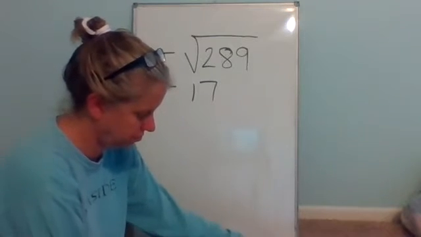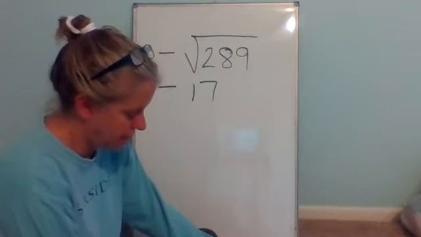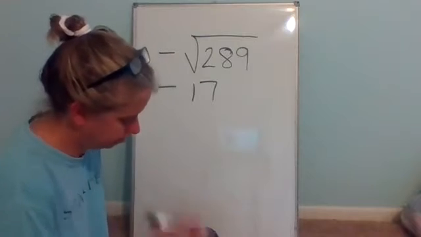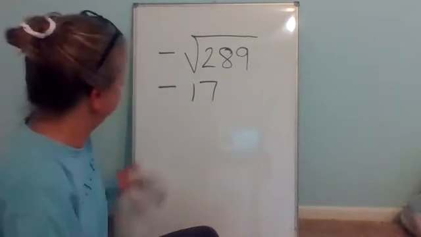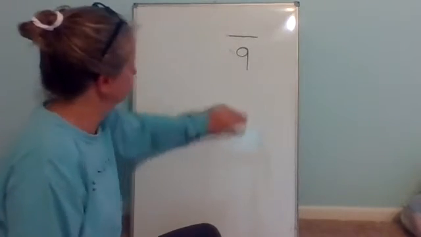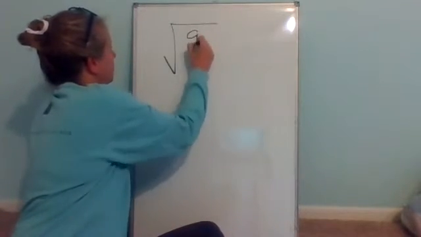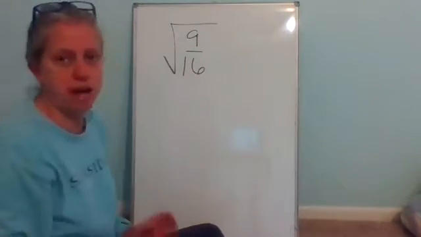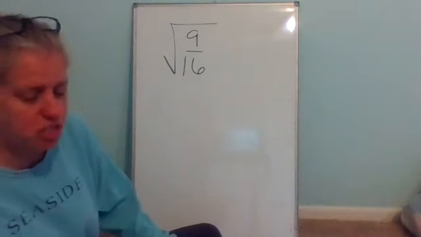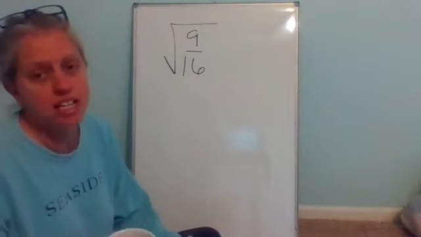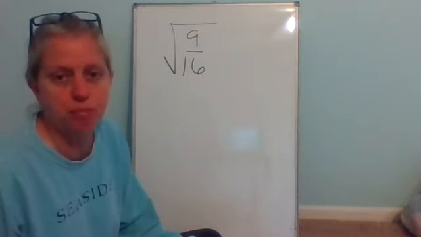Okay, let's look at number 6. A lot of times fractions make things more difficult. When you're taking a square root of a fraction though, it's almost like it's just two separate problems.